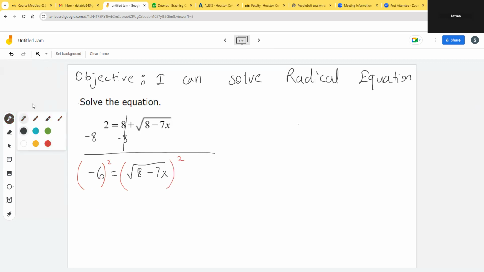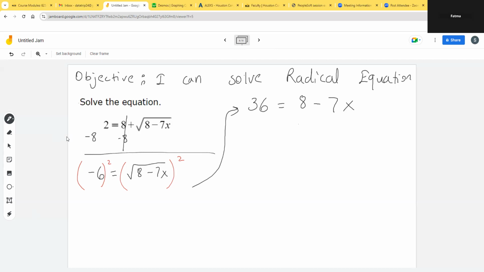Now, you guys are telling me what happens when you square the negative 6. Negative 6 squared is 36. And then when you square this radical, what happens? Radical disappears, and what's the only thing we're going to see? 8 minus 7x. How hard is it to solve this linear equation here?